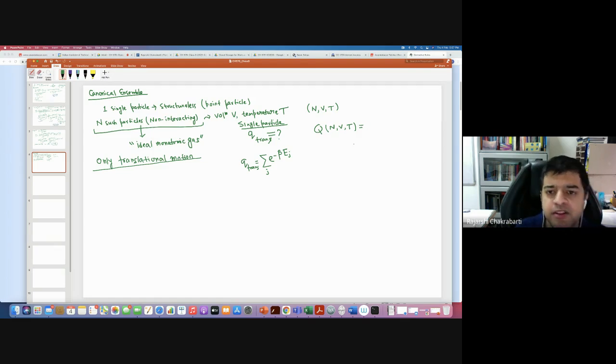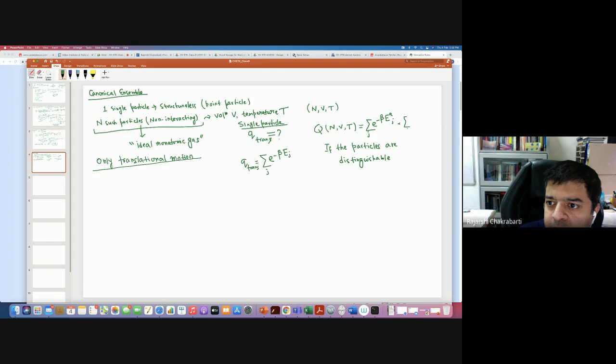And if these particles are non-interacting, and if the particles are distinguishable, so that I can tag them A, B, C, D, I can color them different colors, then I have the sum over j of exponential of minus beta epsilon aj, into the sum over j of exponential of minus beta epsilon bj. These are particle indices, A, B. I have N such terms.